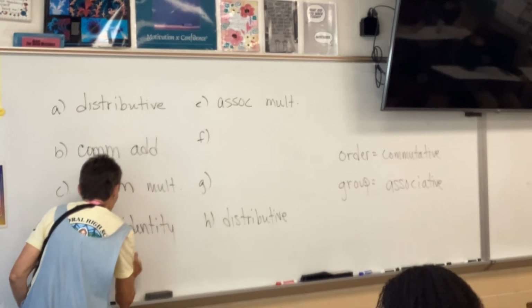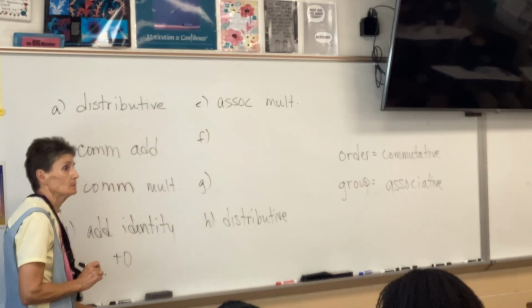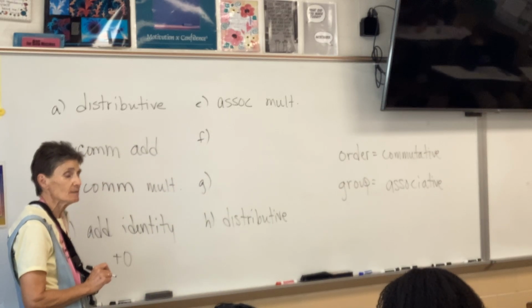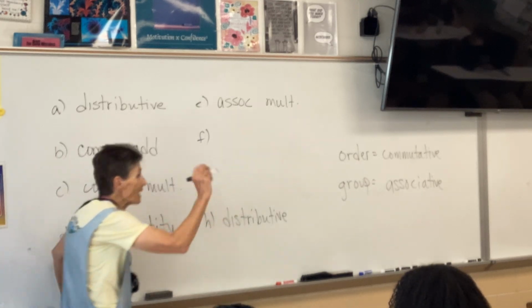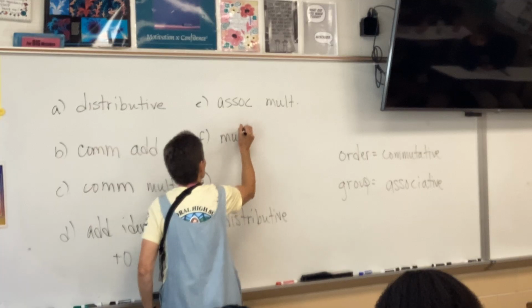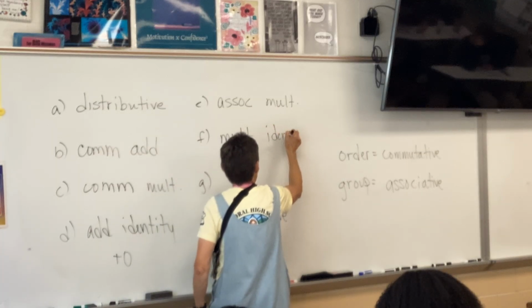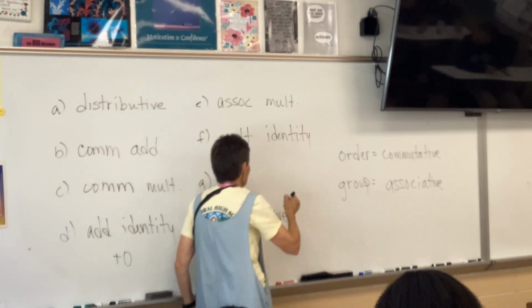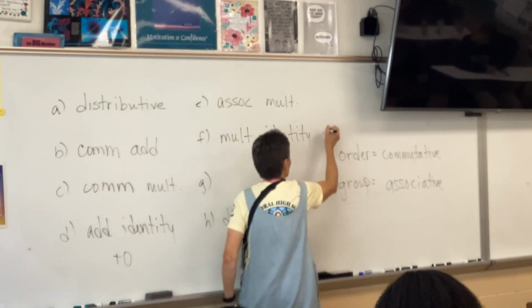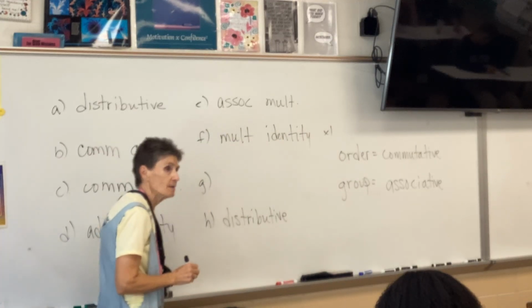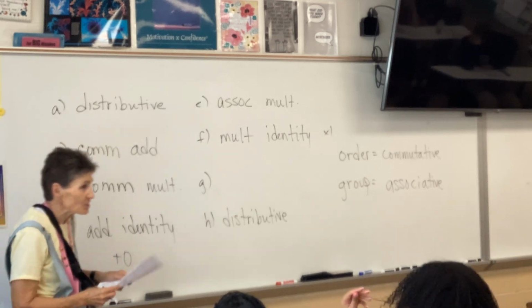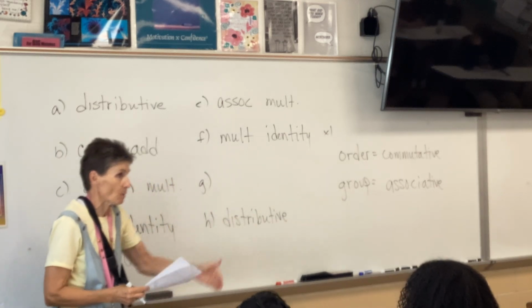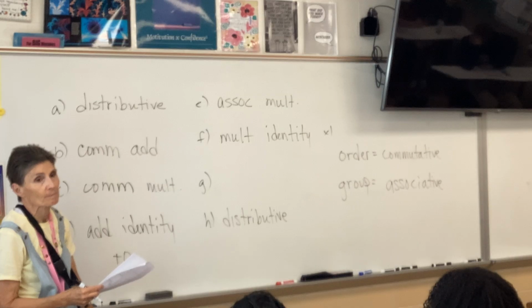If we add 0, it's the additive identity. So F is multiplicative identity. That is exactly right. Because in multiplication, it's times 1. It keeps you the same. In addition, it's plus 0. It keeps you the same.